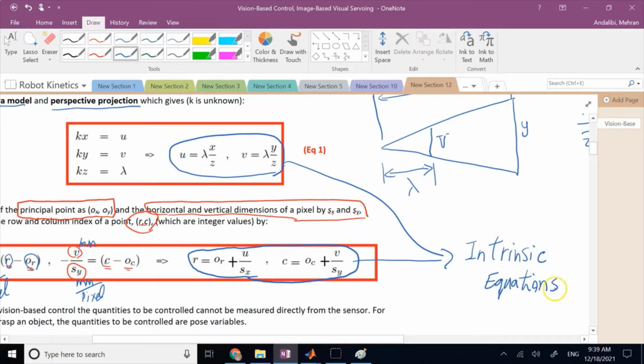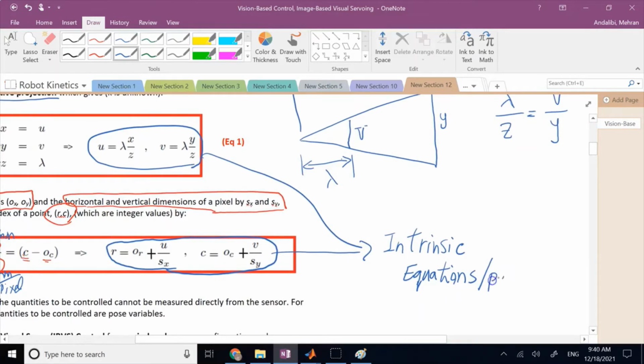But when we say intrinsic parameters, what are the intrinsic parameters of the camera? As you can see, one of them is lambda, which is very important. OR, OC, SX, and SY. So you have 5 parameters inside the camera that go from 3D world to 2D.